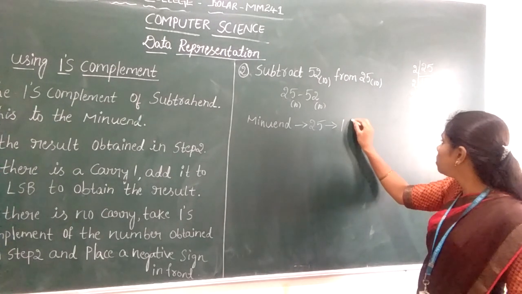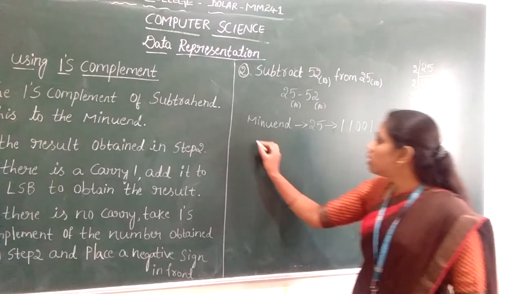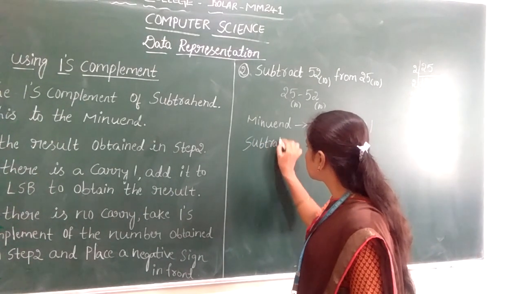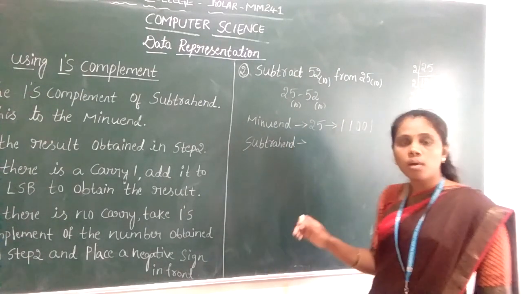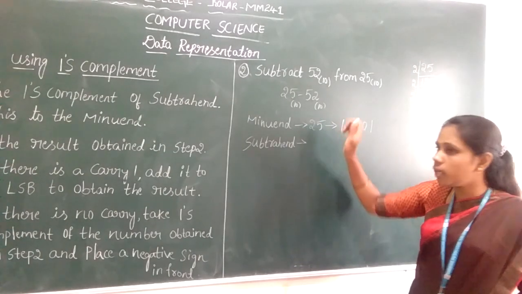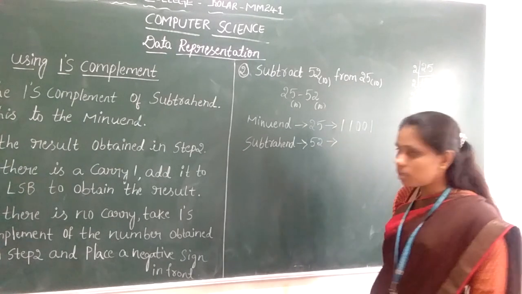Next take the subtrahend. The subtrahend is the number which we are subtracting. In this problem we are subtracting 52, so 52 will be the subtrahend.